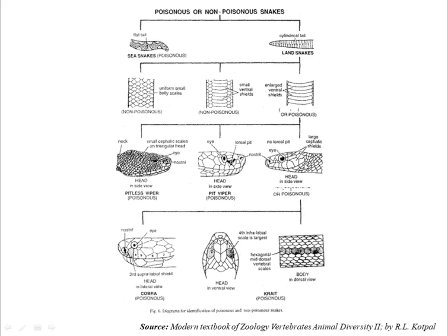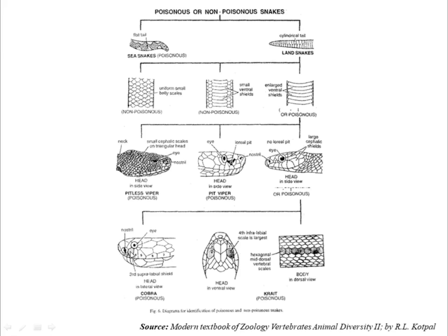Now, the third option could be that large cephalic shields are present and there is no loreal pit. Then the snake can be venomous or non-venomous. So if this is the option, then again we have to look at the larger scales carefully.